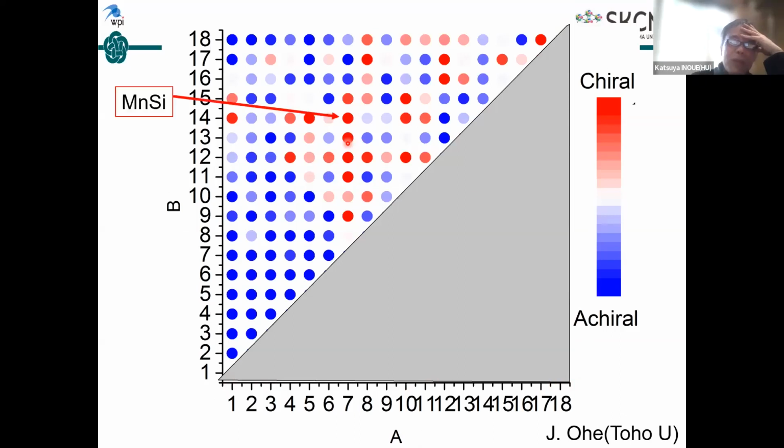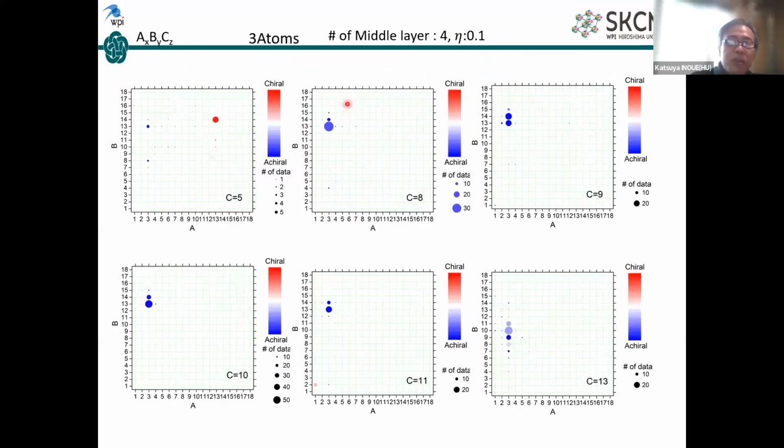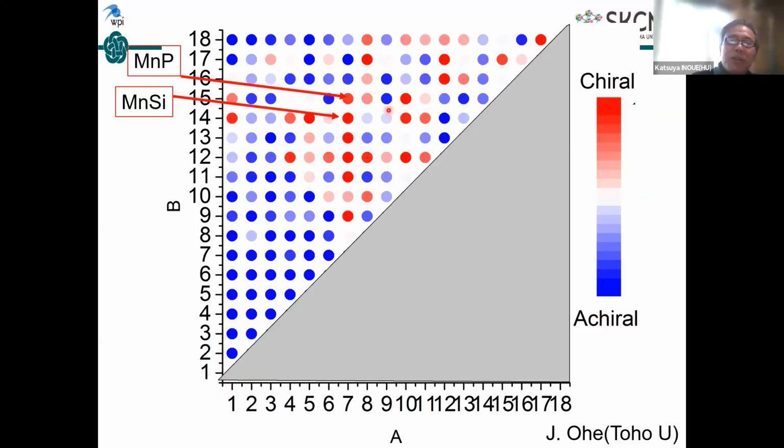For instance, manganese silicide is here, with a high chiral crystal probability, and manganese phosphate is here. So this looks very good.